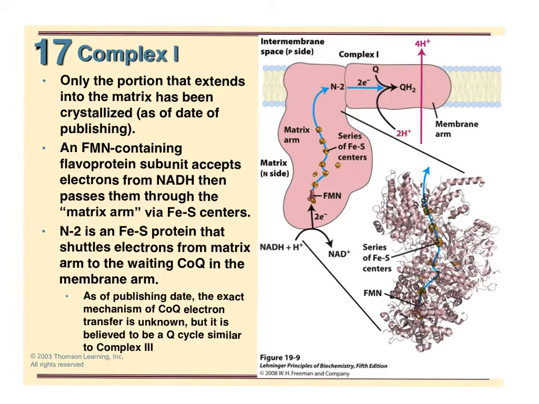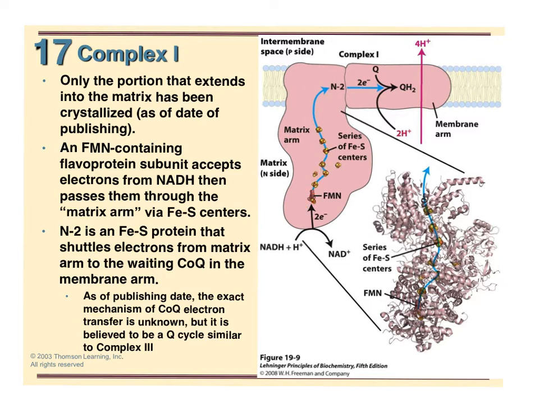All right. So what happens here is the NADH is going to donate its electrons to form NAD. These electrons get passed to a flavin mononucleotide, an FMN flavoprotein. There are multiple proteins, so this would be an example of quaternary structure. There are multiple proteins throughout this entire process. So the FMN accepts the 2 electrons, and then it passes them on.